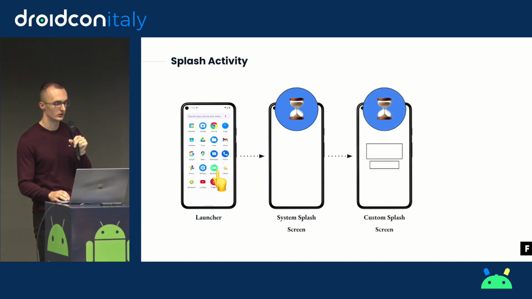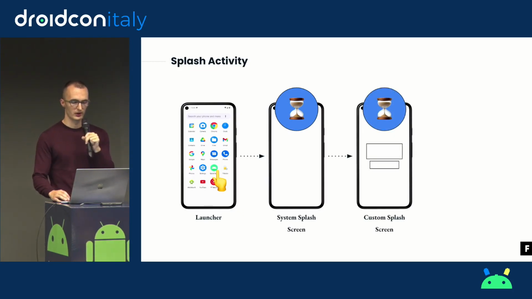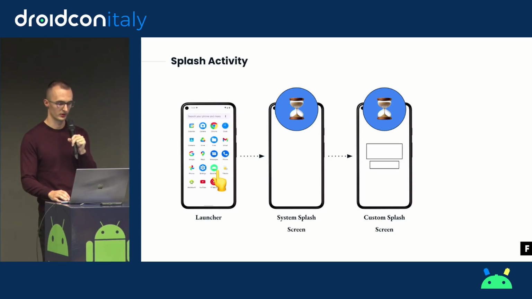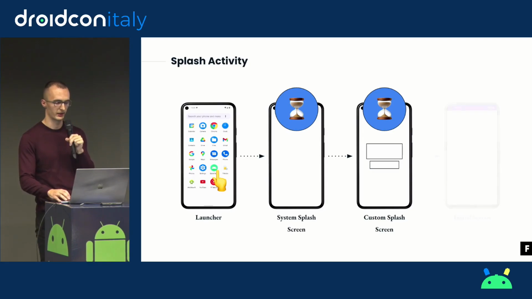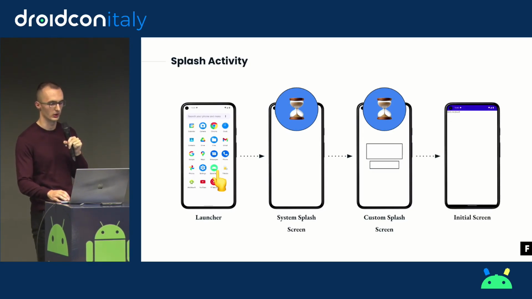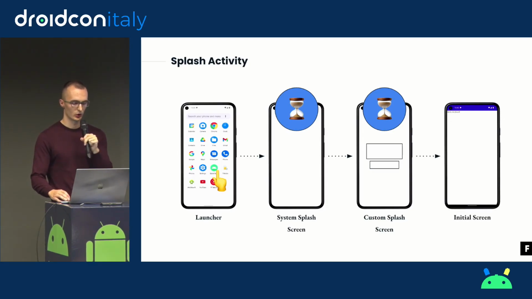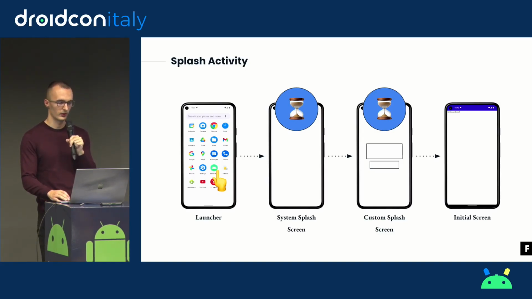After the app is fully loaded, the initial screen of the app is shown, which in this case is the custom splash screen implementation that you have. This screen hangs around for the fixed amount of time that you specified, after which it navigates to the actual initial screen of your application. So with this approach, you have two splash screens on Android 12 and you're adding additional intentional delay to your application.